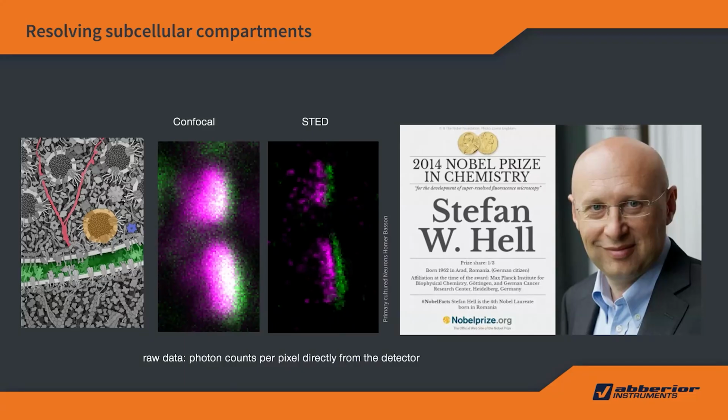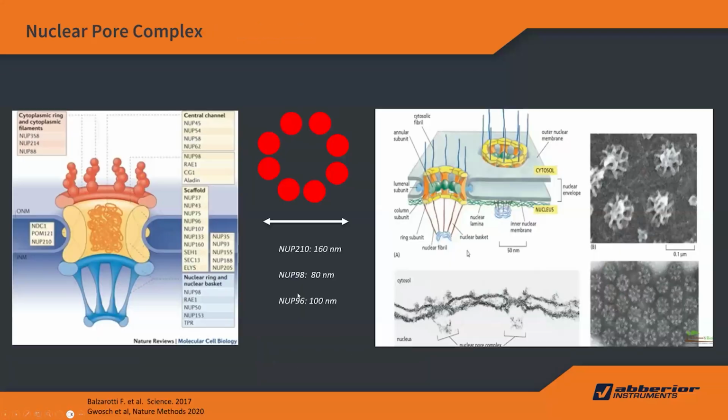Also, as I mentioned 2 days ago, from our STED microscopy, we are the only one in the world who produces absolute raw data by photon counts per pixel directly from the detector. So from our STED machine, there's no post-processing needed to generate a beautiful image. We produce absolute physical data. We're so confident with our data quality.